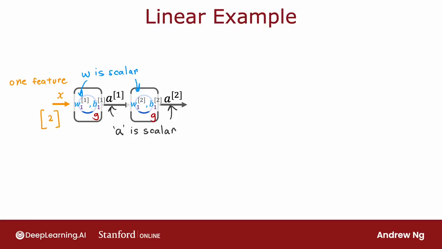Let's see what this neural network would do if we were to use the linear activation function g of z equals z everywhere. So to compute a1 as a function of x, the neural network would use a1 equals g of w1 times x plus b1, but g of z is equal to z, so this is just w1 times x plus b1.